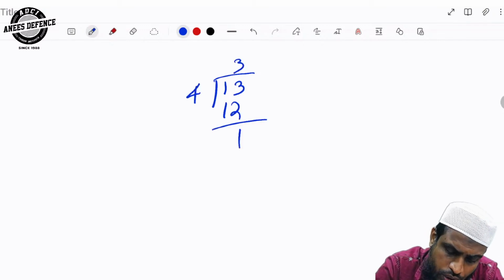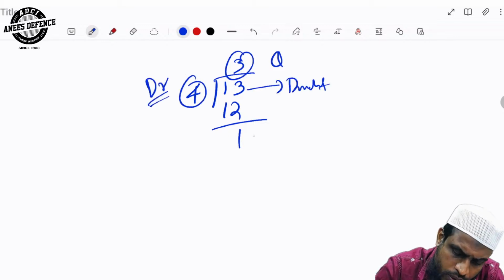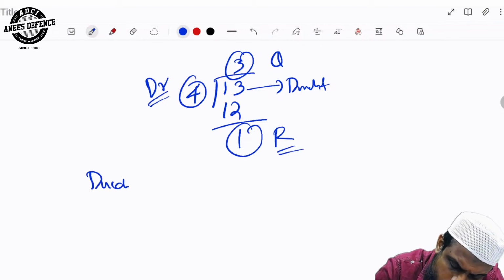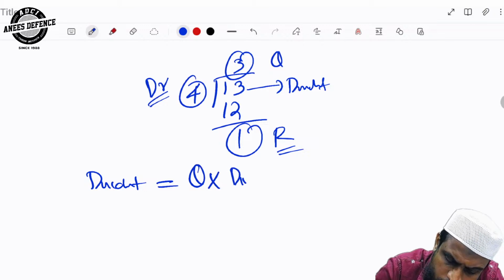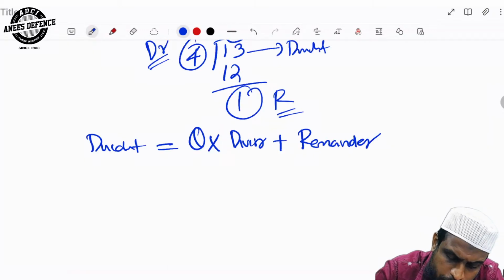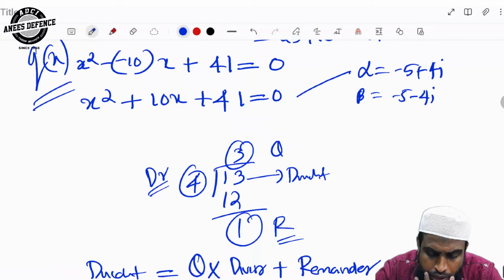So this is our quotient, this is our divisor, this is our dividend, and this is our remainder. Then dividend can be represented as quotient into divisor plus remainder. So similarly, any polynomial can be represented like this.